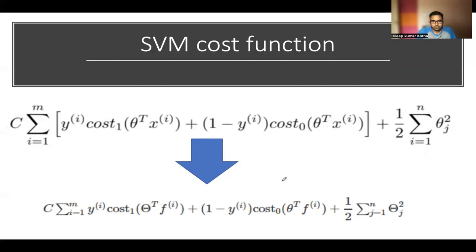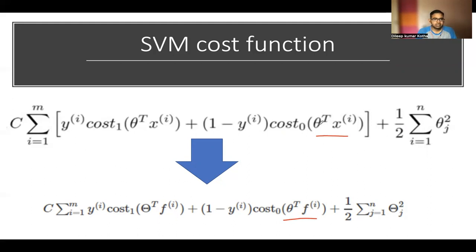At the outset, this doesn't look much different. This looks the same. But in the cost function we are calculating, what we are optimizing is not the weights multiplied by input features, but weights multiplied by the calculated features using those similarity functions.